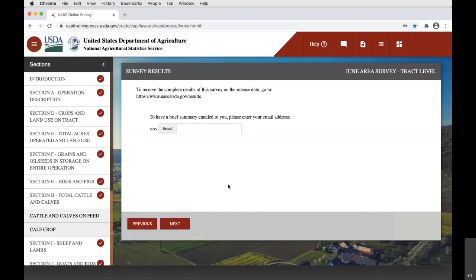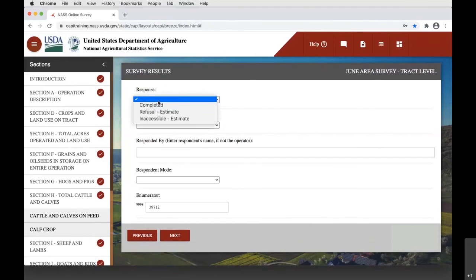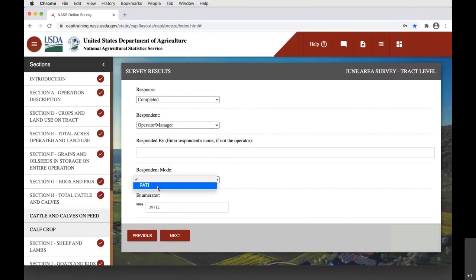As we get to the end of the survey, if they want to copy the results, they would want to have it mailed to them. We would enter in the address as we have it. And then we can, just like in most other CAPI surveys, enter in the information. However, the respondent mode, you'll notice, is PATI.